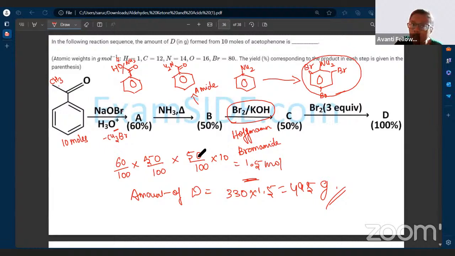How is aniline formed from nitrobenzene? Reduction happens. So go through all the naming reactions once. If the naming reactions are done, then you can go with the series of reactions. In the same way, you can expect questions from the amines unit also. In the amines unit also, they will be giving a series of reactions, and you must solve the question in order to find out the answer.